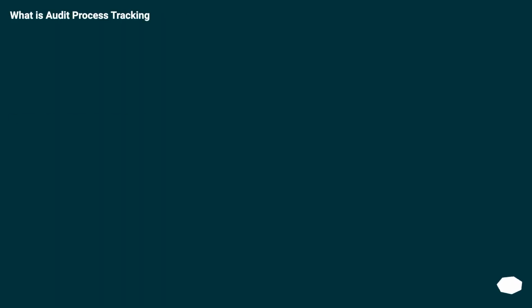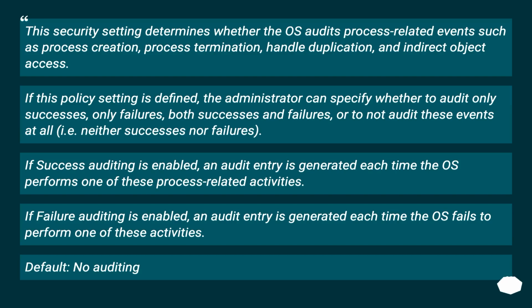What is Audit Process Tracking? This security setting determines whether the OS audits process-related events such as process creation, process termination, handle duplication, and indirect object access.